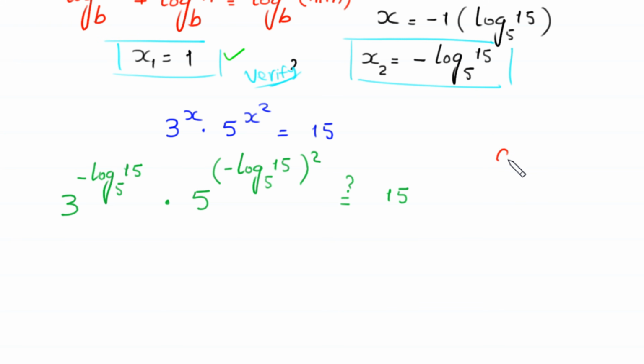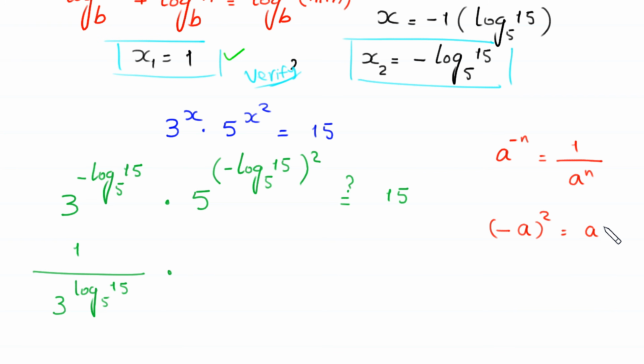Now by using this property, a to the power negative n is equal to 1 over a to the power n, this 3 to the power negative log base 5 of 15 will become 1 divided by 3 to the power log base 5 of 15 times, since negative a squared is equal to positive a squared, we can remove this negative sign, because a squared is equal to a times a.